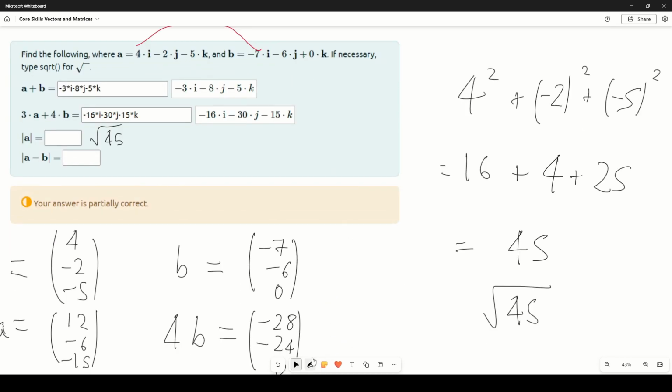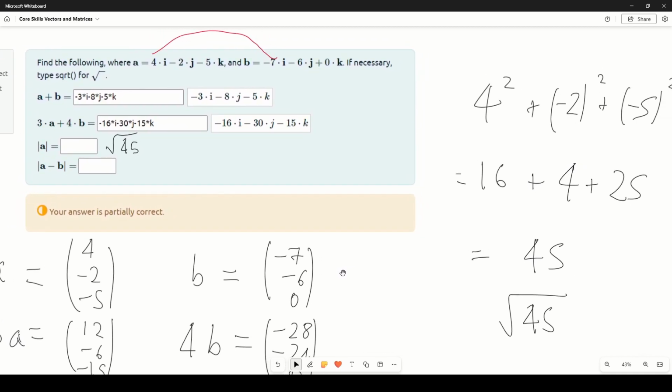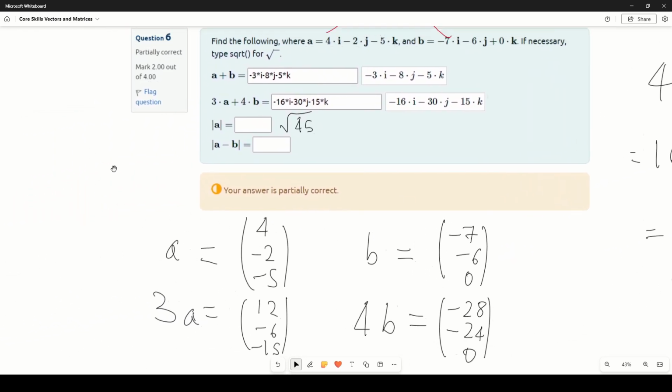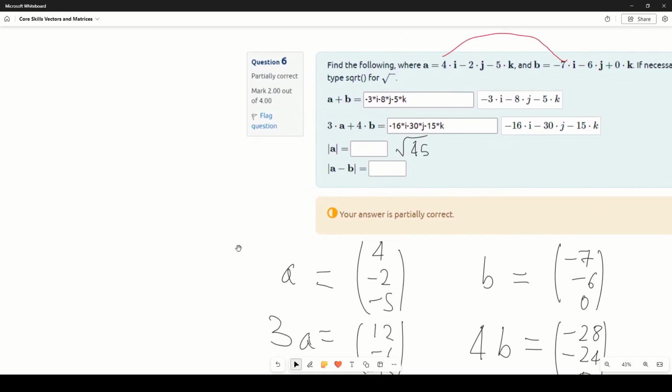Okay. Now for the second bit, we have A minus B. So for this, we are given two operations. First, we have to do the arithmetic on the A vector and the B vector, and then we have to find the magnitude. So what is the operation that is given to us? It is subtraction.